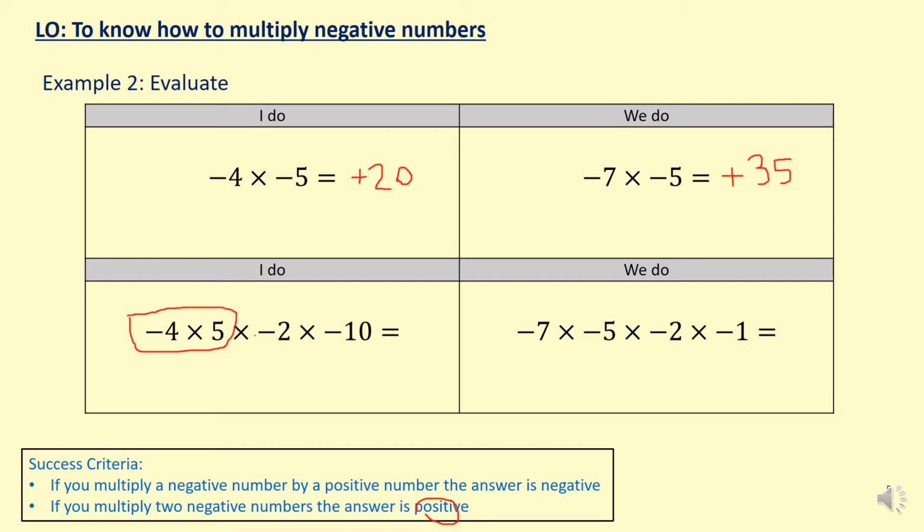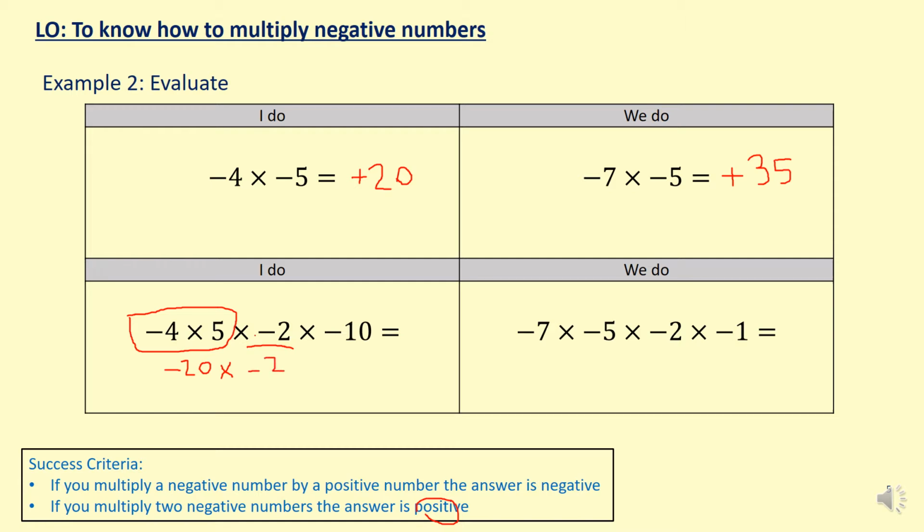Okay, so I start with these two first. So I have 4 times 5, which is 20. Positive times negative is negative. So I get negative 20 for the first two. Then I need to multiply that negative 20 by the next number, which is negative 2.